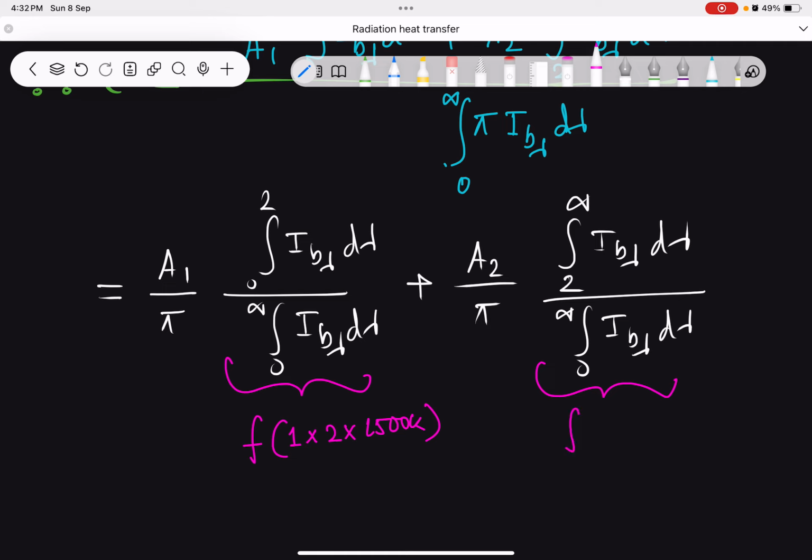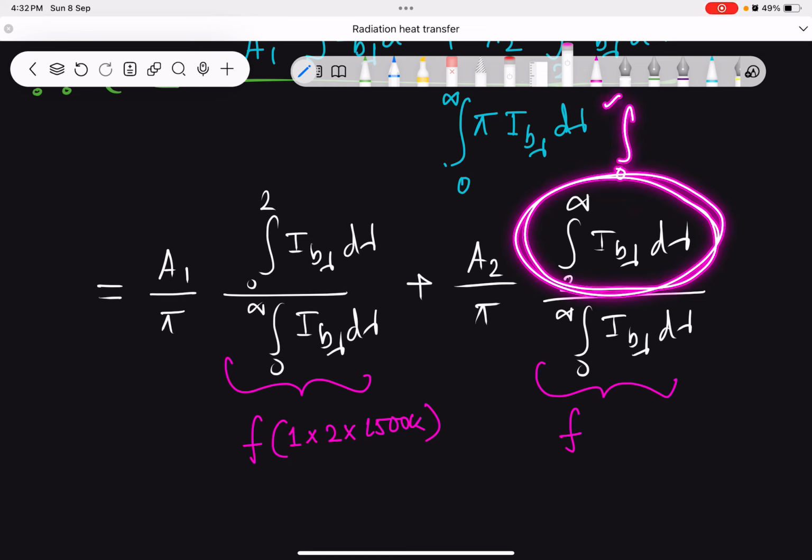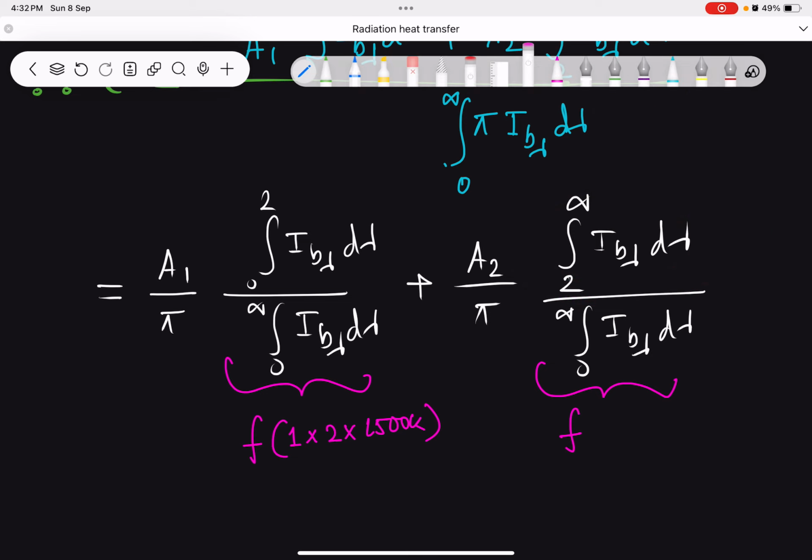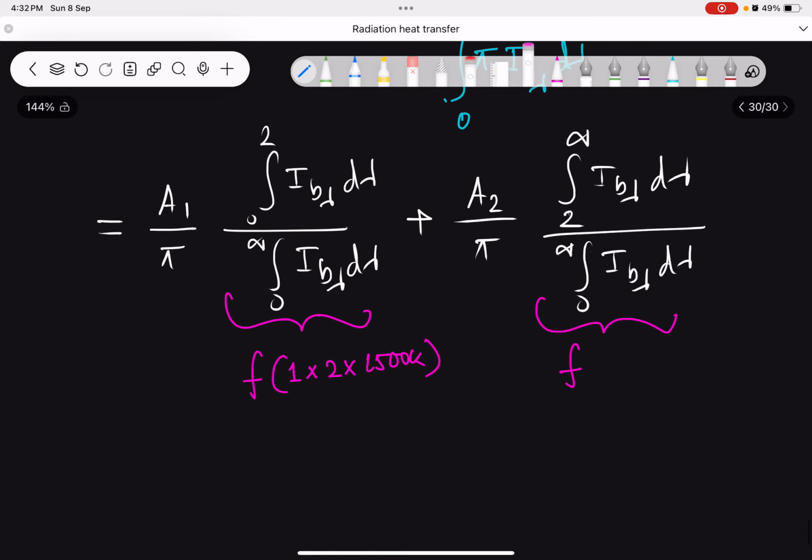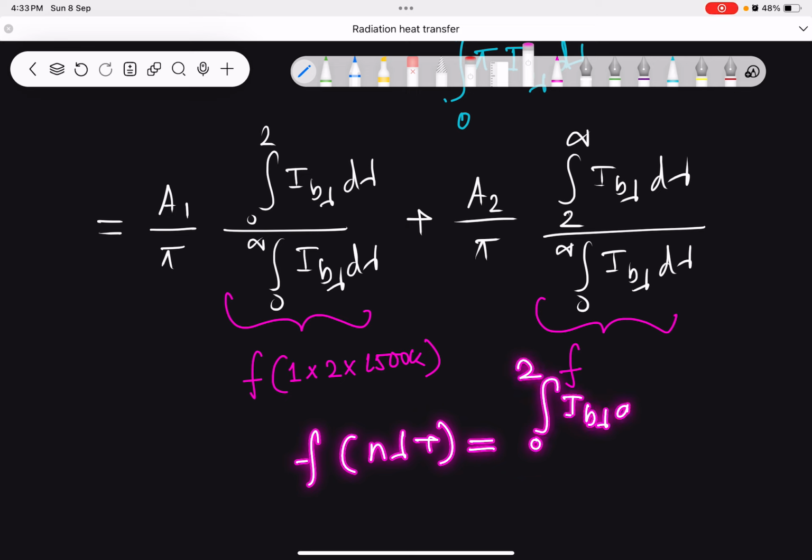And this is again equal to, now this is 2 to infinity. So I can write this integral as 0 to infinity of this minus 2 to infinity of this, because you have f of n lambda T equal to the fraction 0 to 2 Ib lambda d lambda, or 0 to lambda by 0 to infinity Ib lambda d lambda.